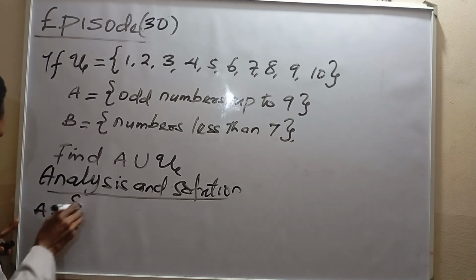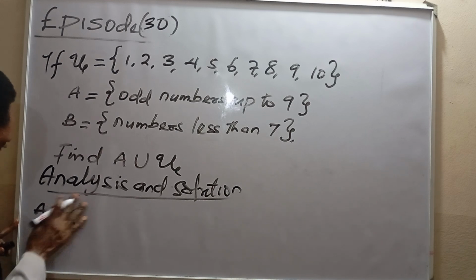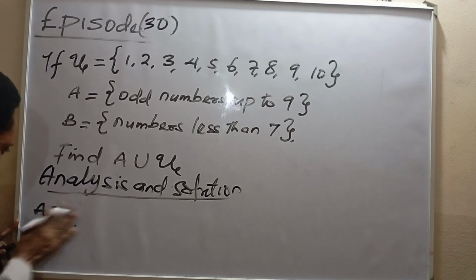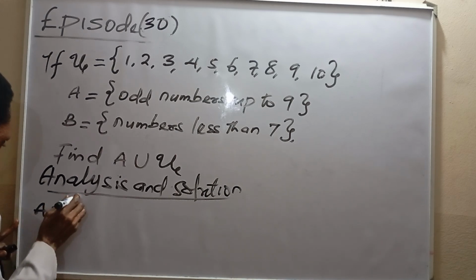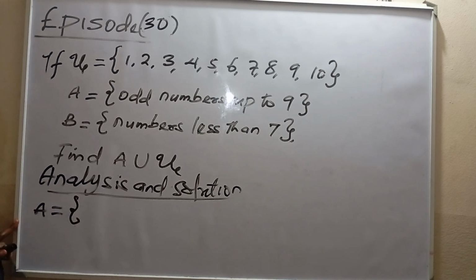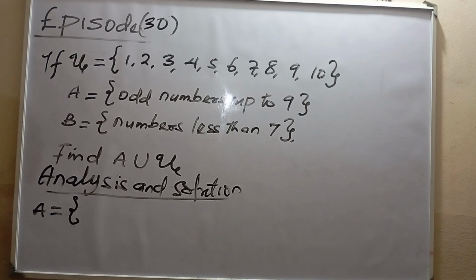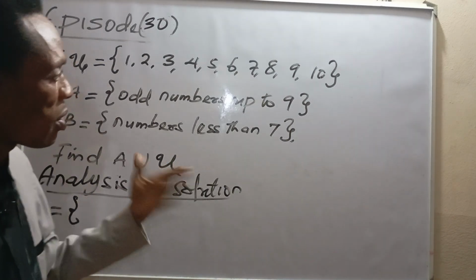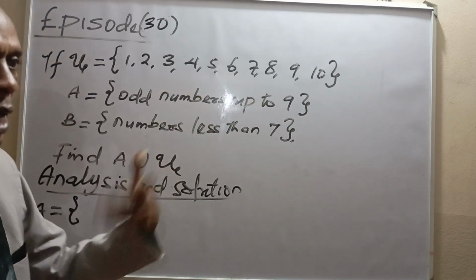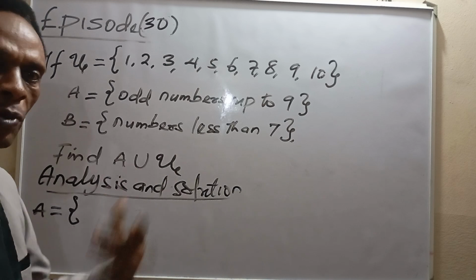A, the elements of A. We start with the odd numbers up to 9. What are odd numbers? Odd numbers are those numbers that are not divisible by 2.